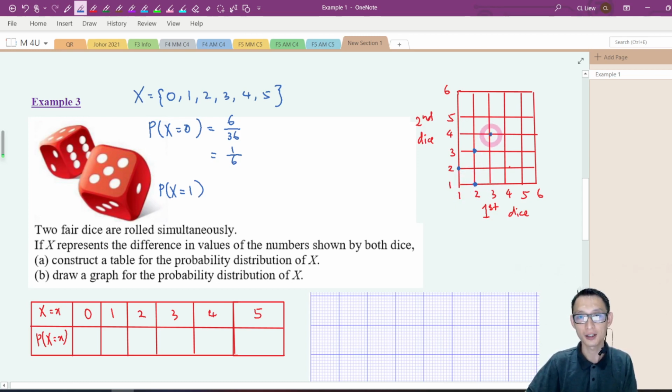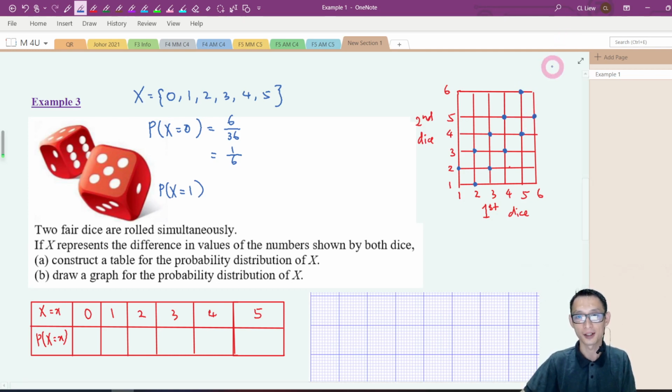So 3 can be 3 4, 3 2. 4 can be 4 5 or 4 3. 5 can be 5 6 or 5 4. All of these have a difference equal to 1. 6 can be 6 7, no, it's not possible to get 7, so there's only 1, which is 6 5.